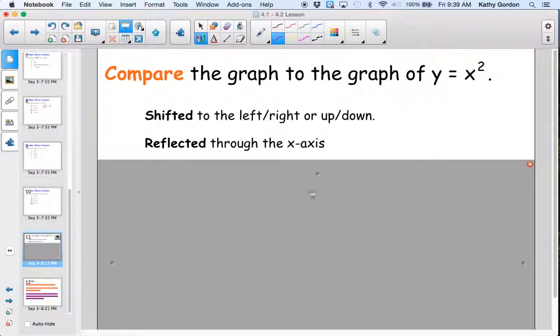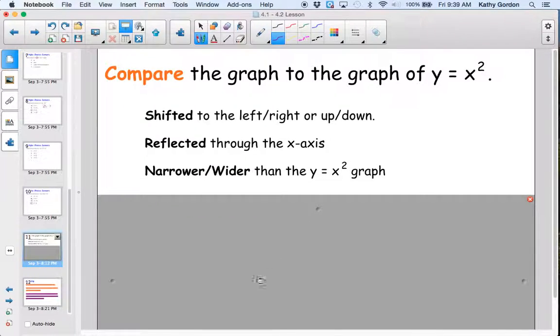Okay? And then finally, the other one you can talk about, there's more specific language for this that we'll get to later. But for right now, just say whether your graph ended up narrower or wider than the normal y equals x squared. So did you end up with a graph that's narrower or skinnier than what it would usually look like?